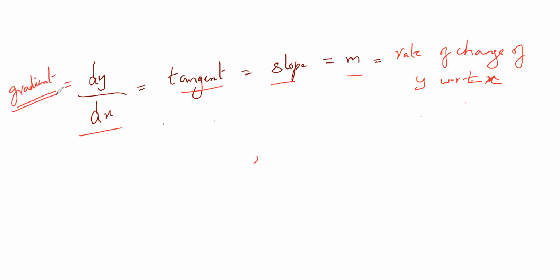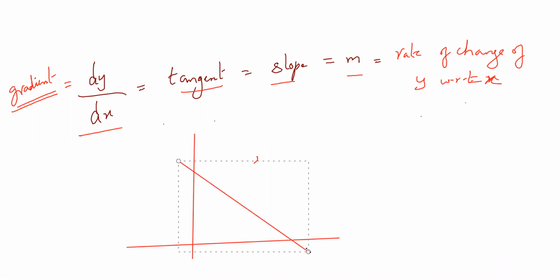Gradient. All are same. What is my slope? We all studied coordinate geometry, right? Correct? Coordinate geometry we all studied. Point A, point B. This is x1 comma y1. This is x2 comma y2. What is my distance formula?